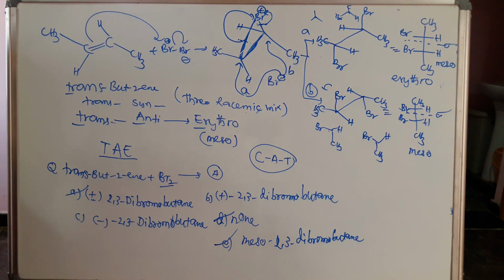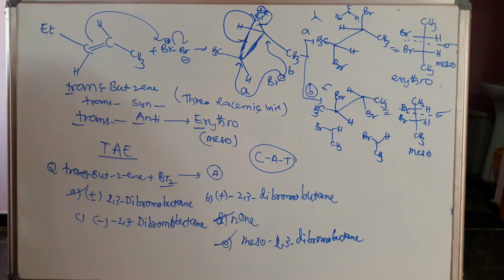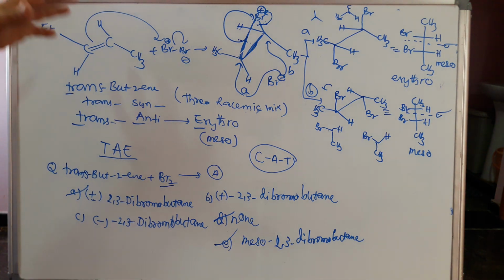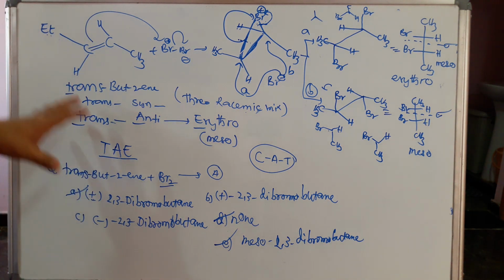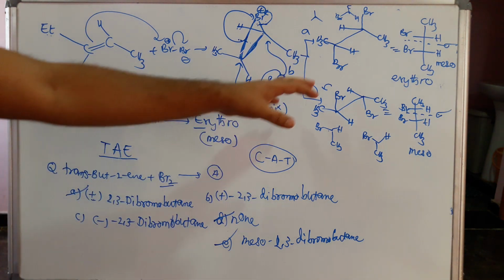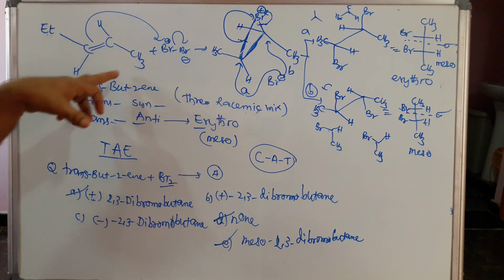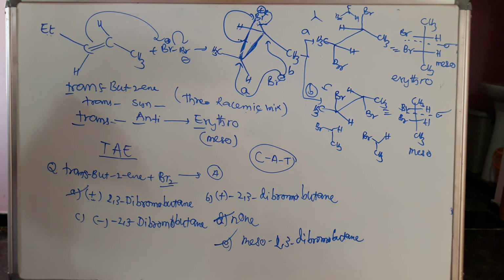If the question is given like this, there may be a group change; this is an ethyl group, for example. Whatever discussion happened before, those are optically inactive. One is a racemic mixture, optically inactive, another is a meso form, optically inactive. But if an ethyl group is present, meaning any group other than this methyl group is given, then what will happen?